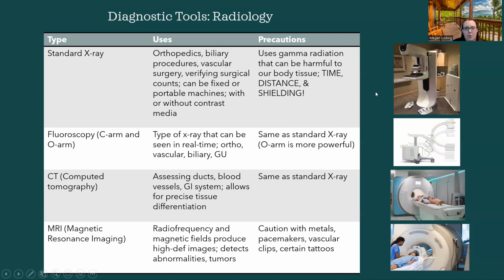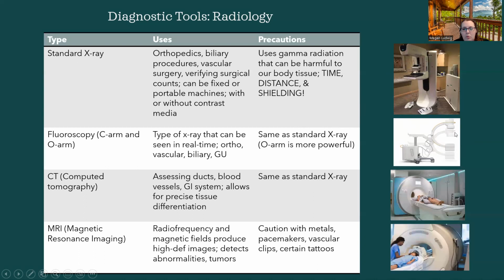So this is a type of standard X-ray. There's a couple variations of these. This is a type of C-arm machine. It does raise and lower, and this part can rotate side to side to get whatever angle the surgeon might need. And so it is portable. It comes in, slides in over top of the area that the patient is laying in or however they're positioned.